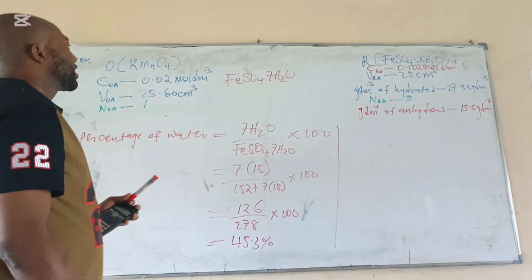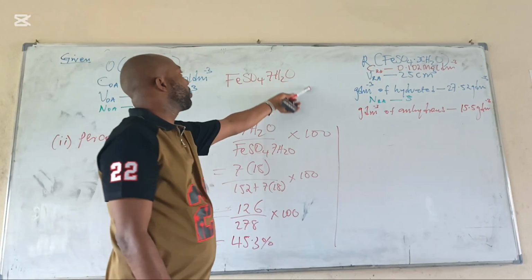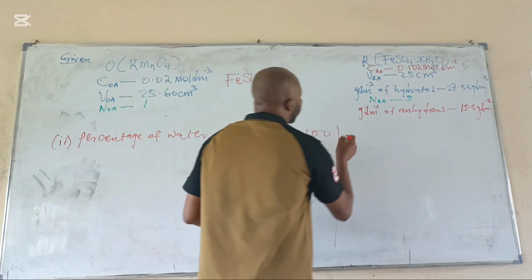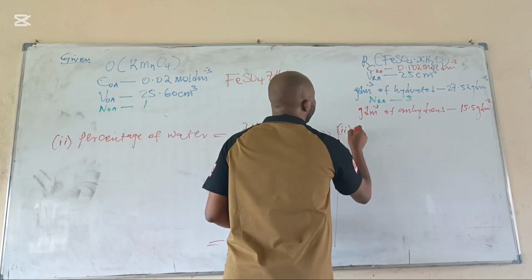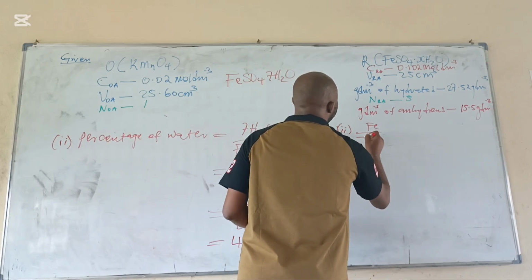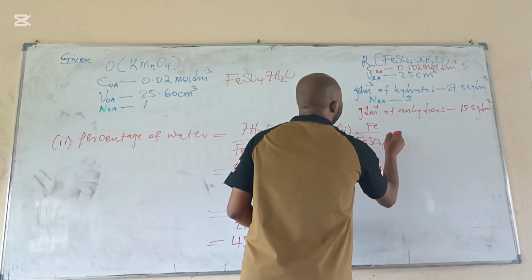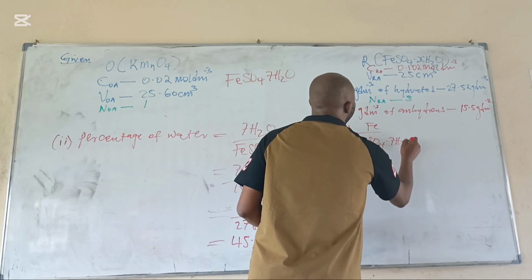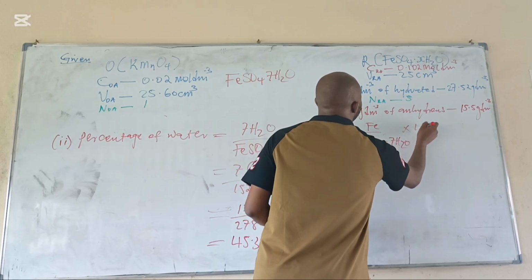Next, the percentage of iron in this whole compound. So the percentage of iron will become iron over iron sulfate dot 7 moles of water, times 100.